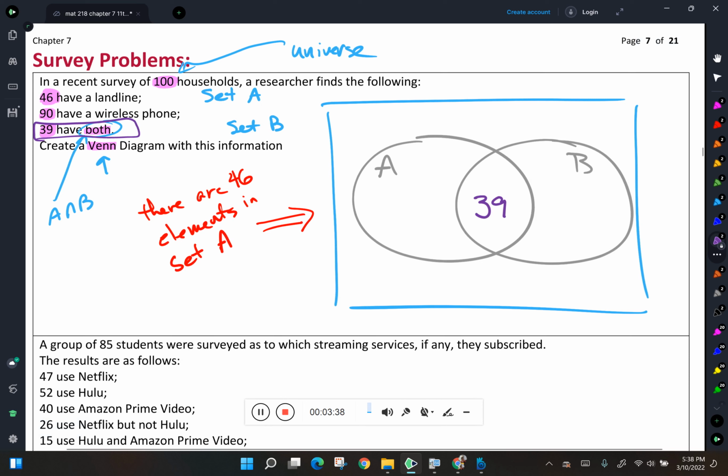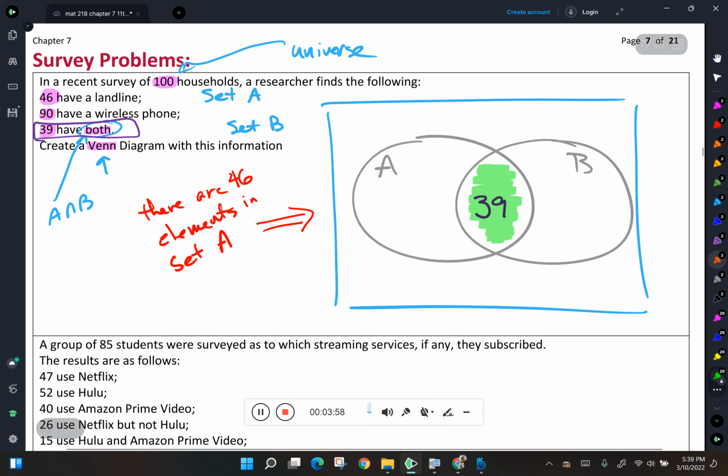Now, I want you to notice something else that we're doing. I am not using this Venn diagram to say that the element 39 is in that middle there. I'm saying that there are 39 things in this set. In this case, the 39 things are 39 households in there.